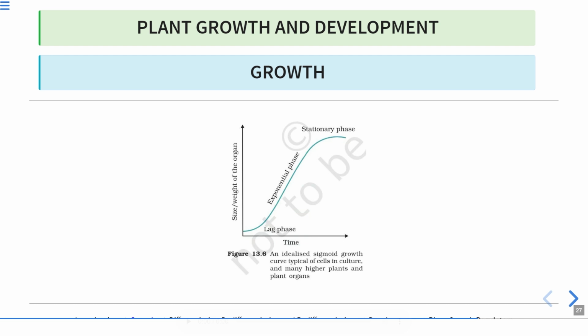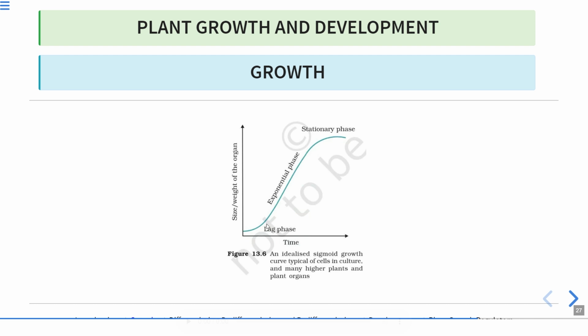Like this, it will divide. So earlier, their number is very less, and that is why it is showing the lag phase. But the nutrient supply is very high at that particular time. If you compare with the number of cells, the nutrient is very high.